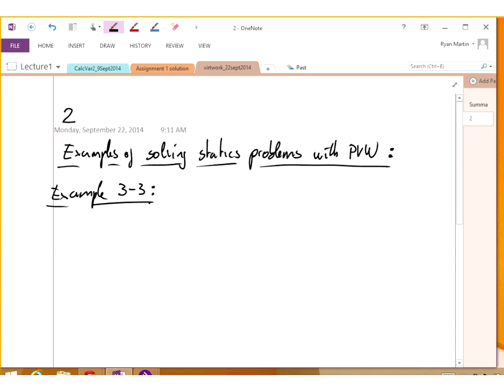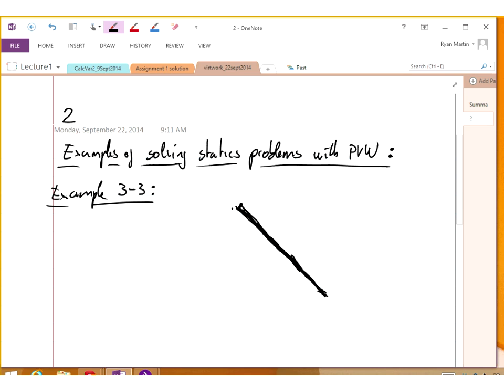So in this example, we have a pivoting rod, the uniform rod, like my drawing.